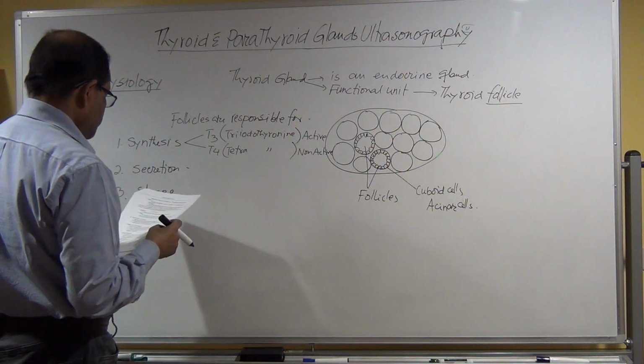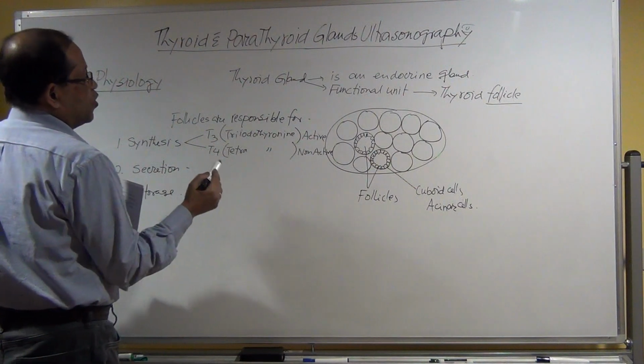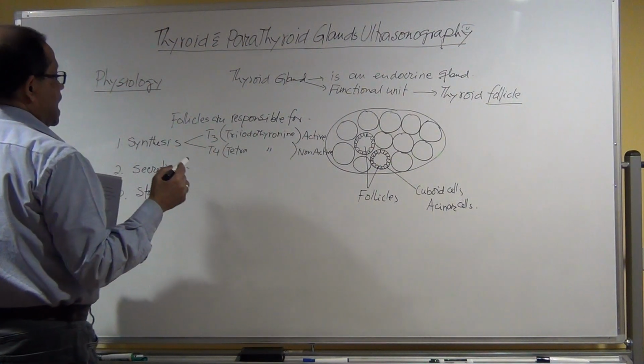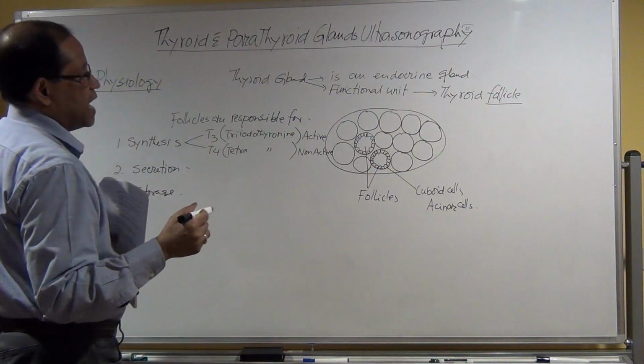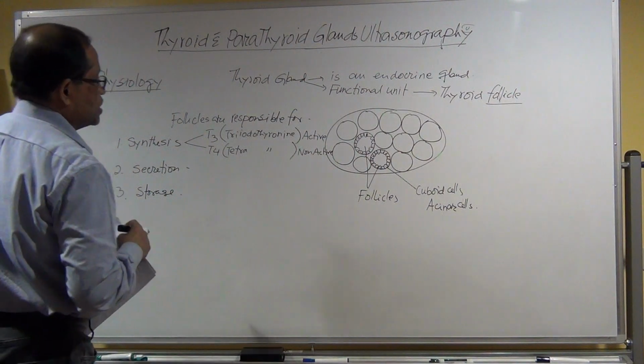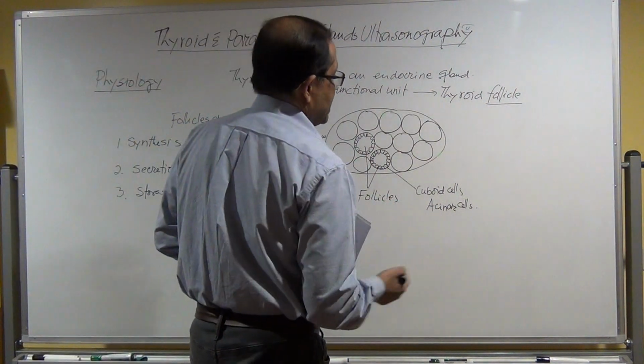So now this T3 and T4 will not be produced enough if the thyroid gland has not enough iodine storage. What does that mean? Let me give you a little idea.